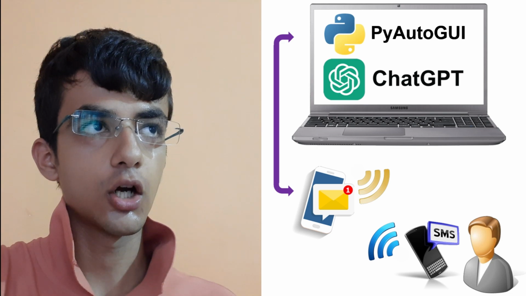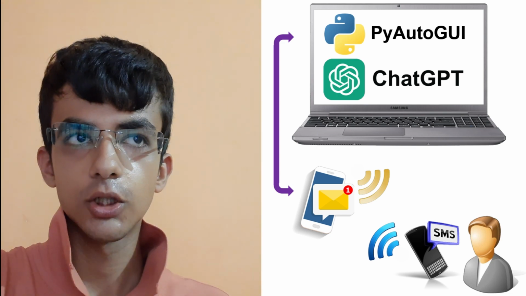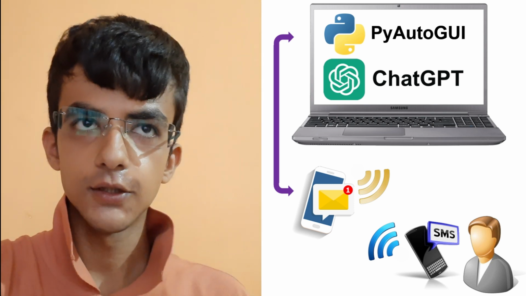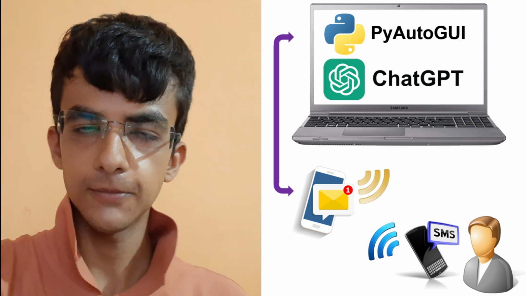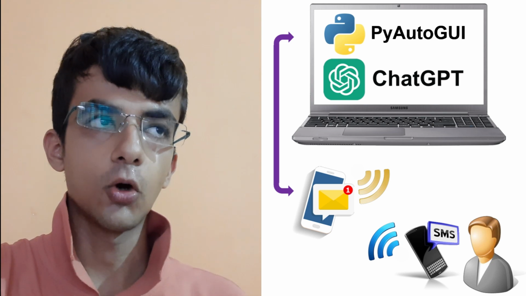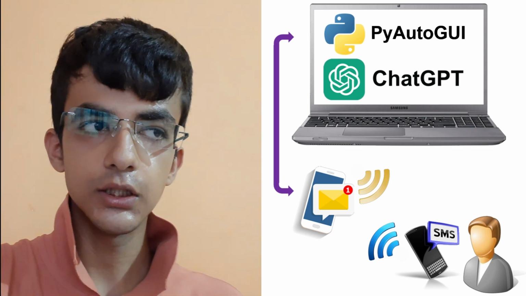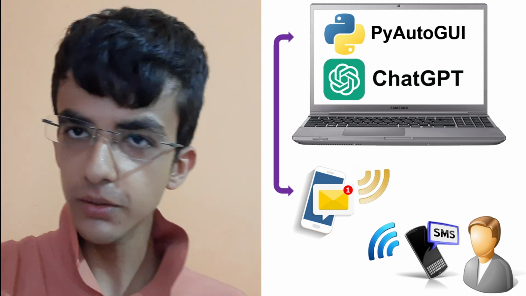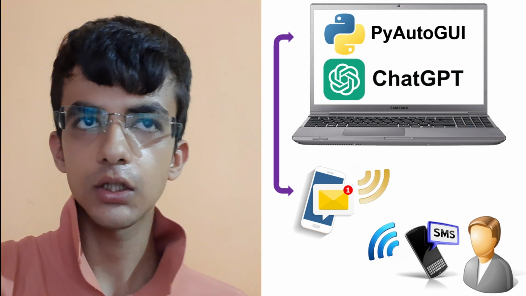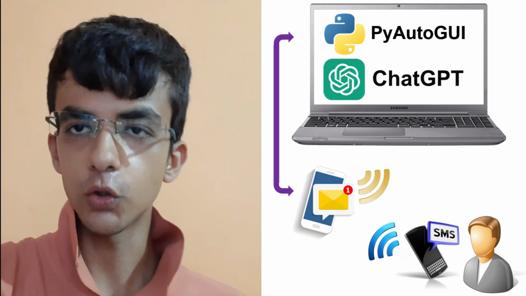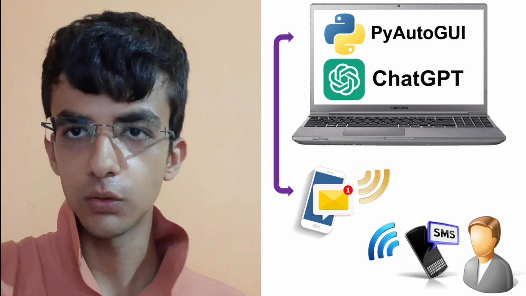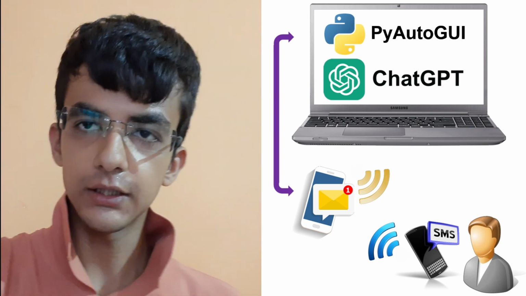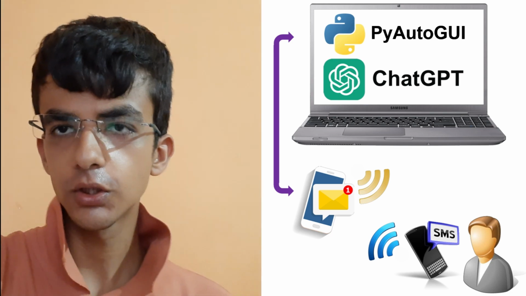I am also using my browser, in this case Microsoft Edge, to access ChatGPT, and all of the automation script is being written using Python and the PyAutoGUI module that allows you to automate mouse and keyboard operations.